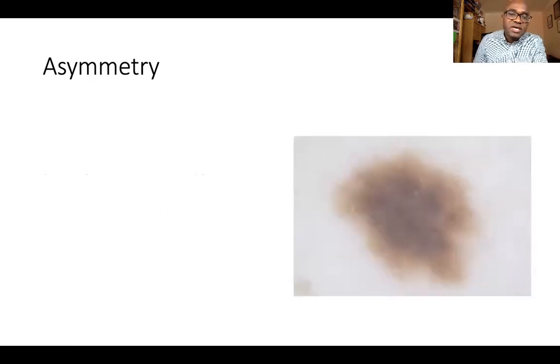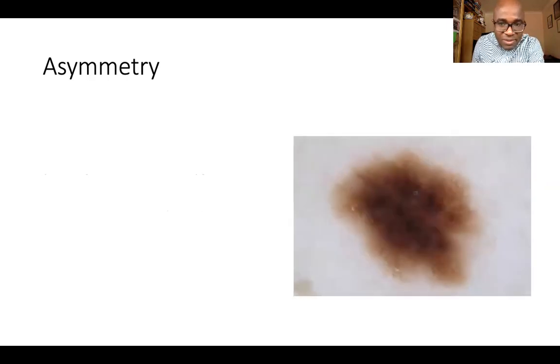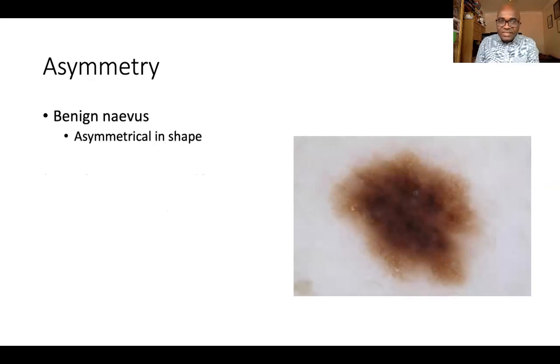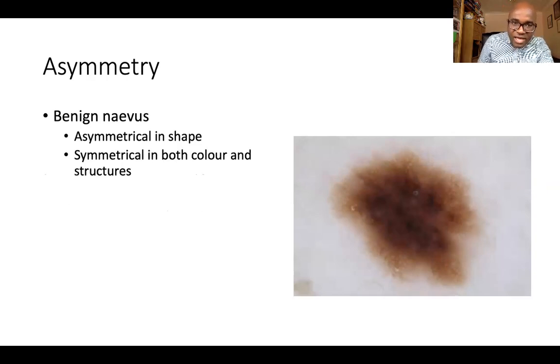Good. So this is another dermoscopic image of a benign nevus. It has an asymmetrical shape. However, there are symmetrical colors and structures. So the pigment network around the peripheries is light brown uniform pigment, which shows you symmetrical color, and the dark color in the middle is uniformly symmetrical. So symmetrical both in color and the structures.